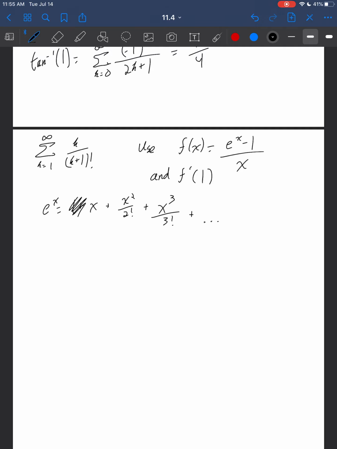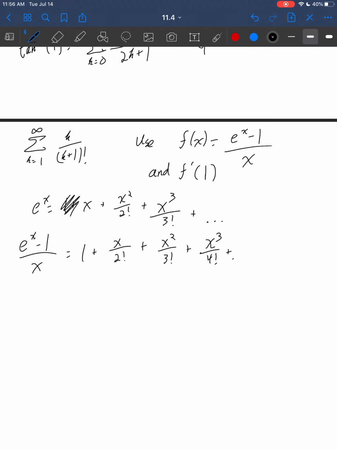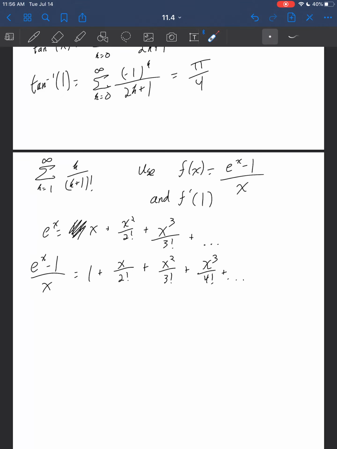So if I subtract 1, that will get rid of this, and dividing by x will get rid of a power of x each time. So (e to the x minus 1) over x is going to be 1 plus x over 2 factorial plus x squared over 3 factorial plus x cubed over 4 factorial, so on and so forth.